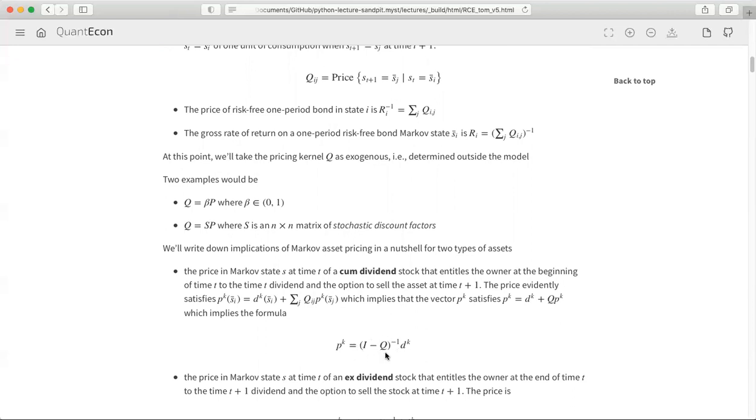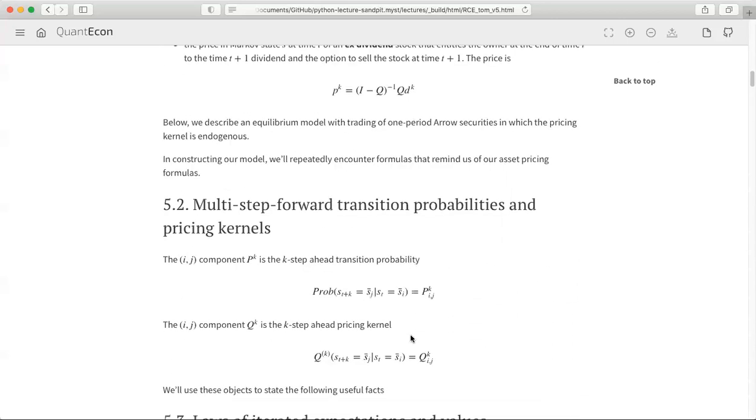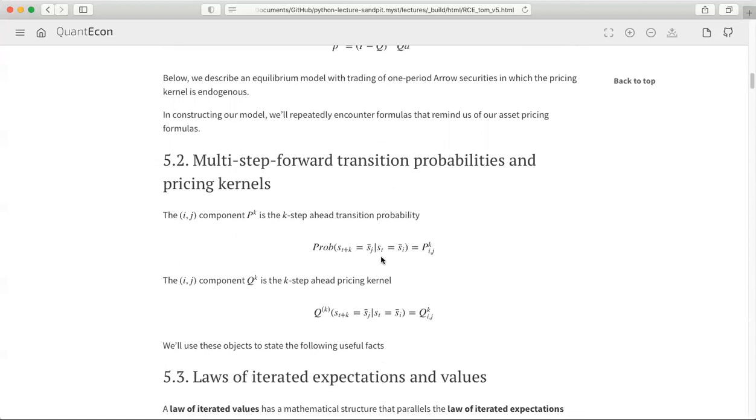So assuming that the eigenvalues of Q are all bounded strictly below unity, this can be written as a convergent von Neumann series. So the way to read this is the current price is just the sum of the value of the dividend today, the value of the dividend tomorrow, the value of the dividend 2 days from now, and so on. So those powers of Q are embedded in that formula.